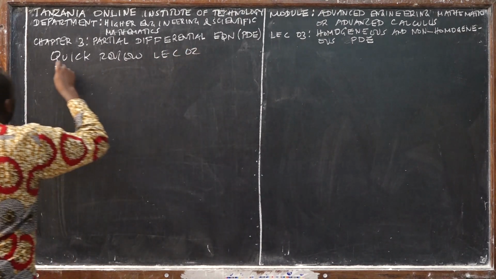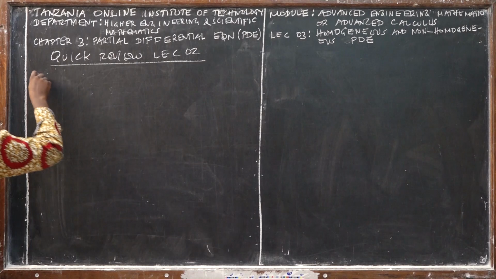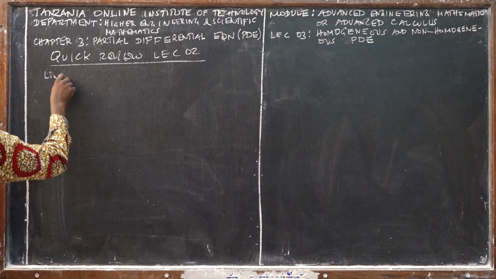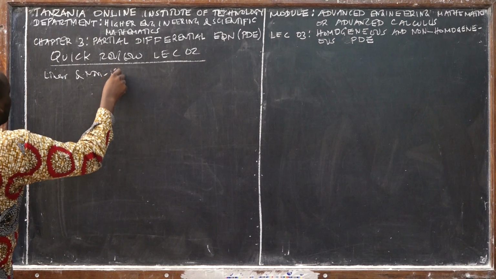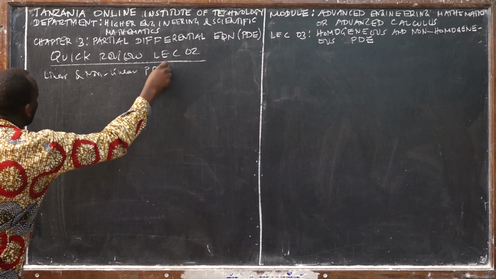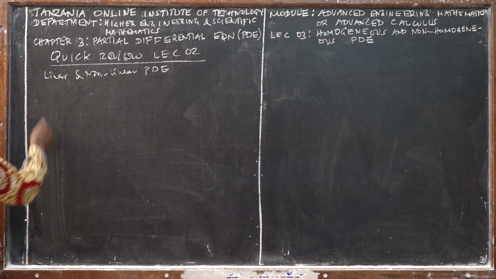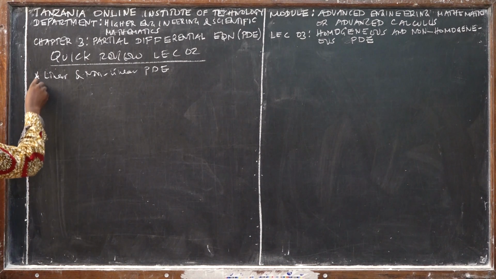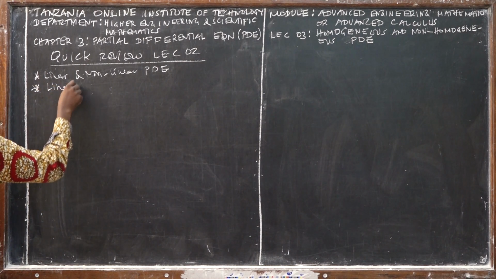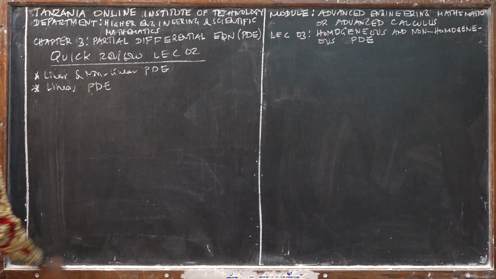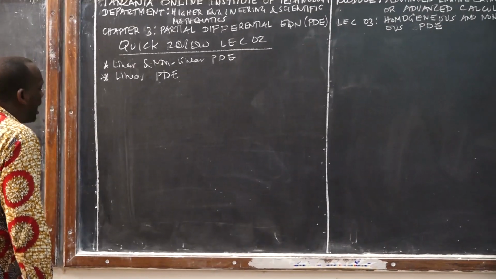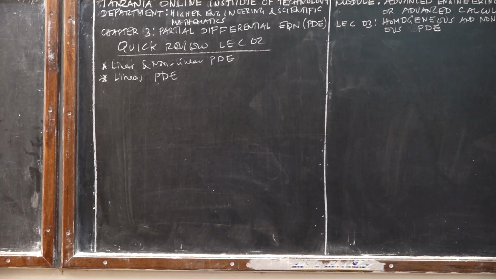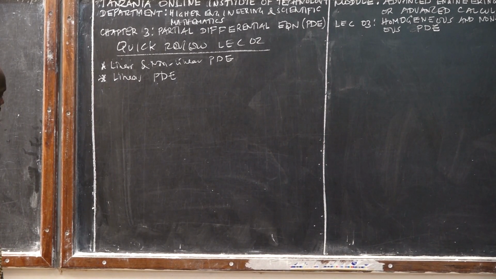So, a quick review of what we have learned in lecture 2. In lecture 2, the lecture was titled linear and non-linear partial differential equations. In this case, we defined the meaning of a linear partial differential equation: an equation which contains the dependent variable and the partial derivatives, which have a power of first degree, or first power.